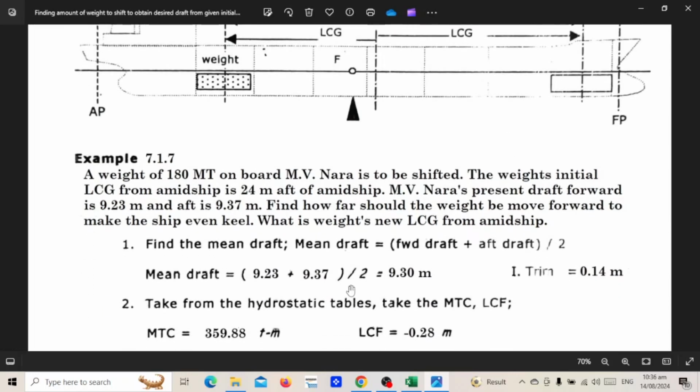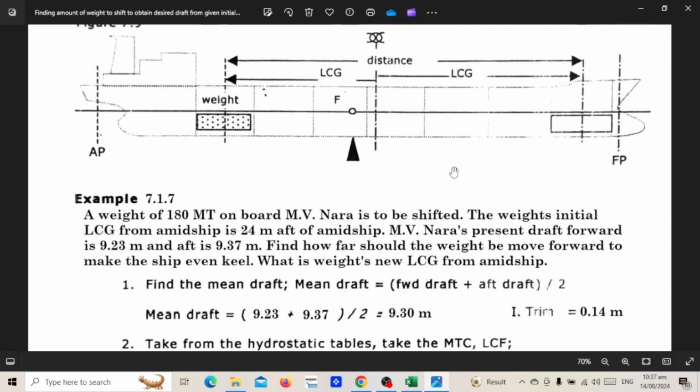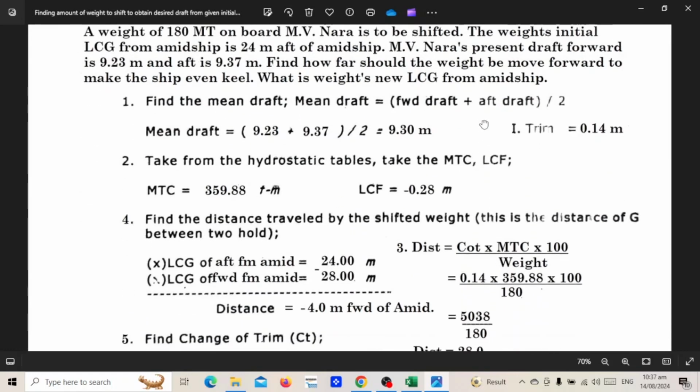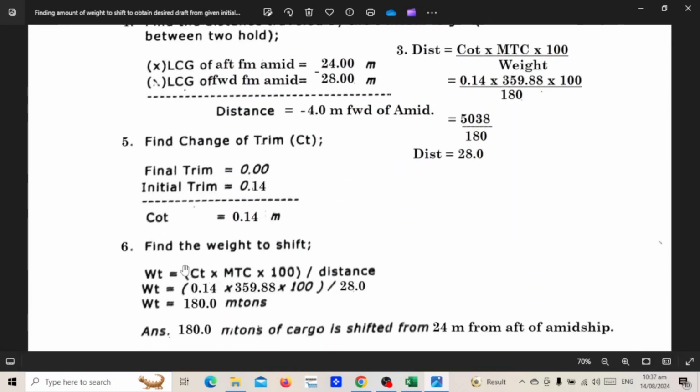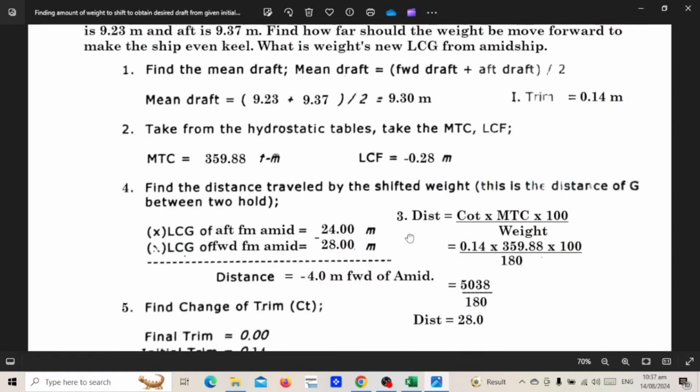So what is the weight of the new LCG? So it's asking for the weight. The weight is still the same because you never take it out, you never deduct it, you never add some weights. It's only that you want to shift the weight from this place up to here. So common sense says you don't need to use this formula. Find the way to shift. Okay, it's common sense.